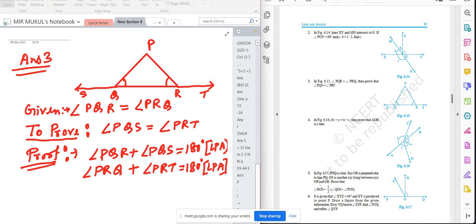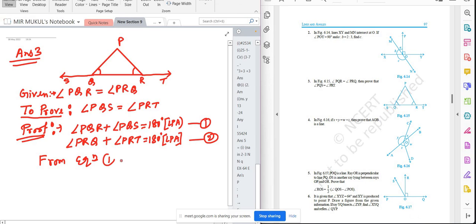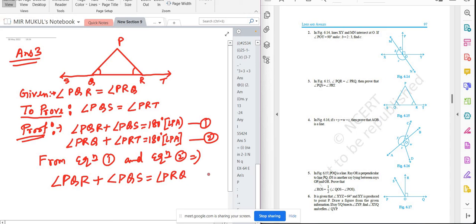So from these two equations, equation number 1 and equation number 2, from equation 1 and equation 2 implies angle PQR plus angle PQS equals angle PRQ plus angle PRT.